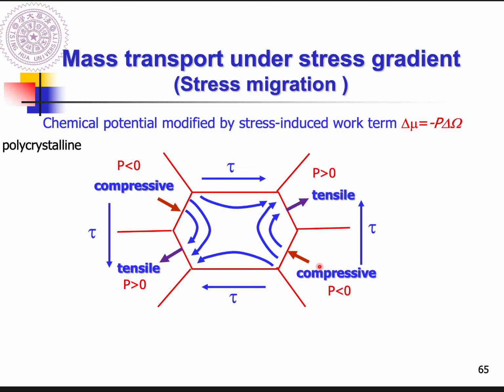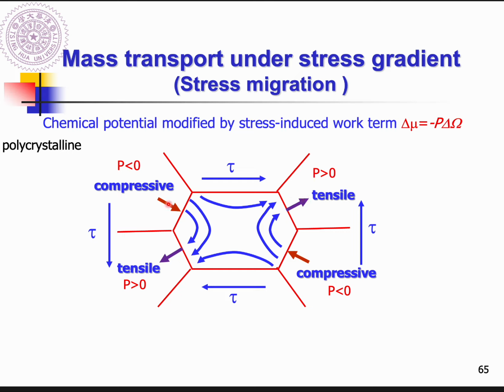And also this tau separates into this direction and this direction. So based on this idea, if you focus on this edge of this grain, it will suffer compressive stress. And this will be tensile stress, right? And this will be compressive, this will be tensile.